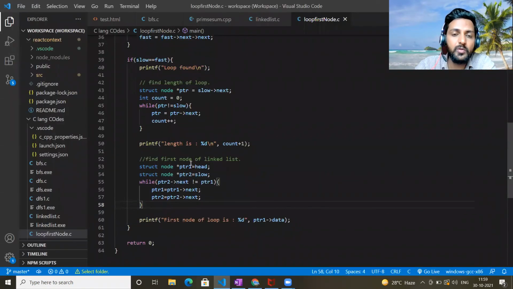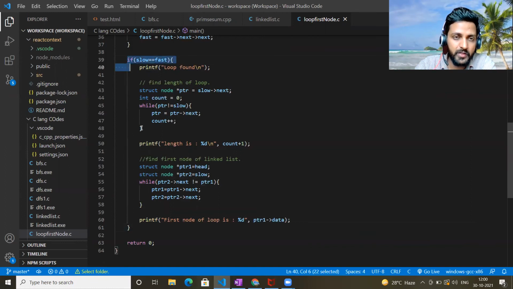So here we will take two pointers, ptr1 and ptr2. ptr1 will be starting from the head of the linked list, and ptr2 will be your meeting point. Now you just write down the condition: ptr2.next should not be the same as ptr1. Keep incrementing ptr1 and ptr2. And the point when this condition is met, it means ptr1 is pointing to the first node of the cycle, and we are just printing it. All right. So this is the logic.